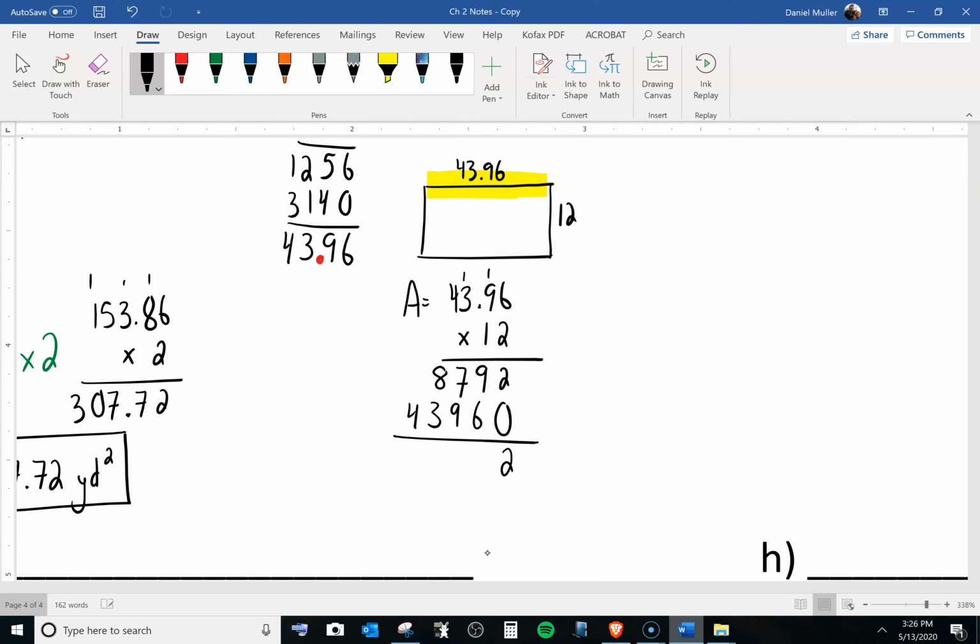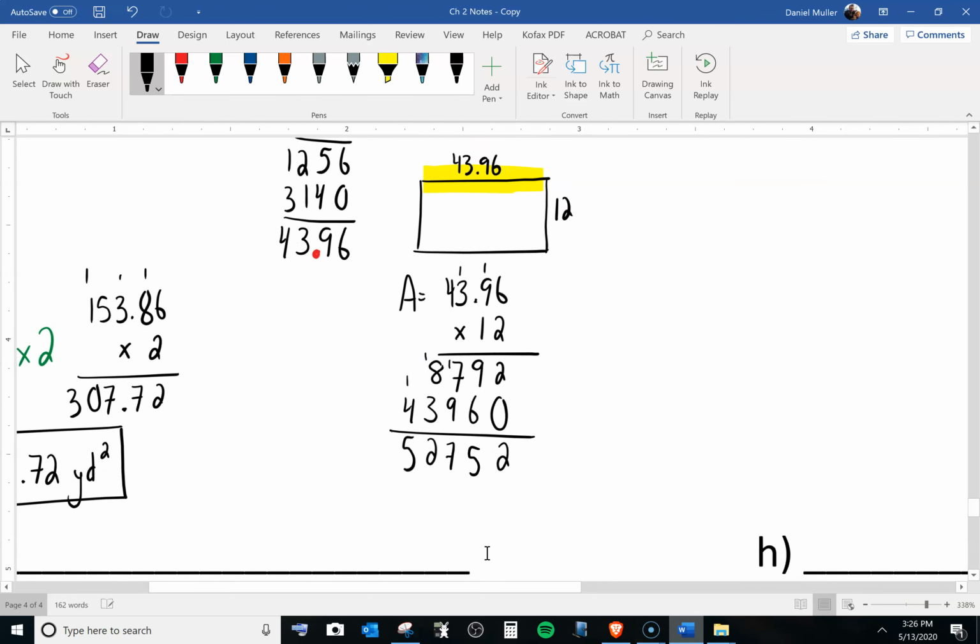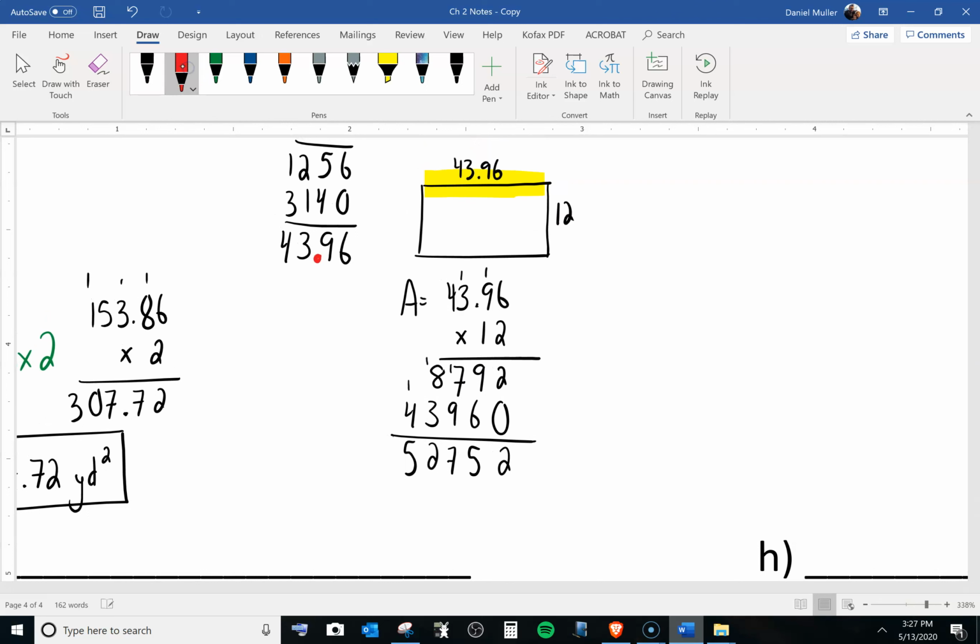So I get 2, 15, 17, 12, and 5. So I get 52752, and then I have 2 decimal places for that. So it equals 527.52 yards squared.